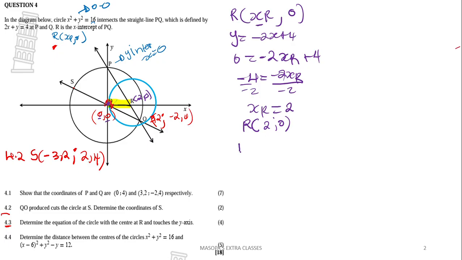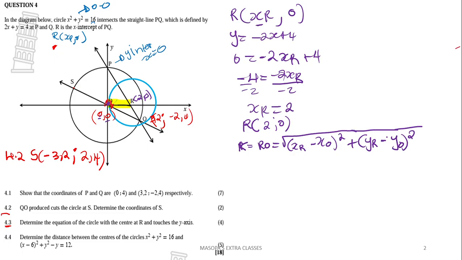Your radius will be equal to RO, which you can find using the distance formula. So we can say the x value of R minus the x value of O, all squared, plus the y value of R minus the y value of O, all squared.